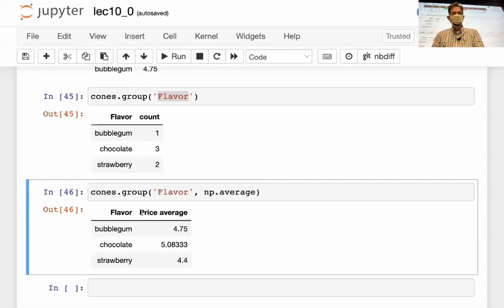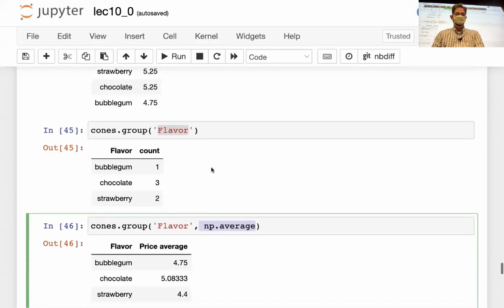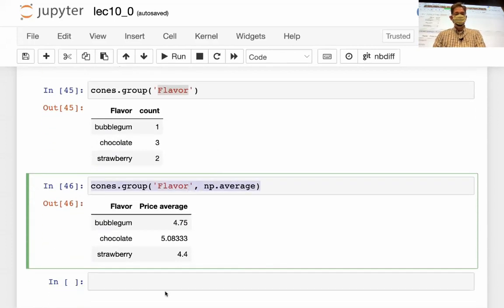Why did the price get averaged when we never said anything about the price? What this does is say, here's how you should combine all the other columns. So all the other columns, in this case, there was only one. And you could do other stuff. You could do the min.